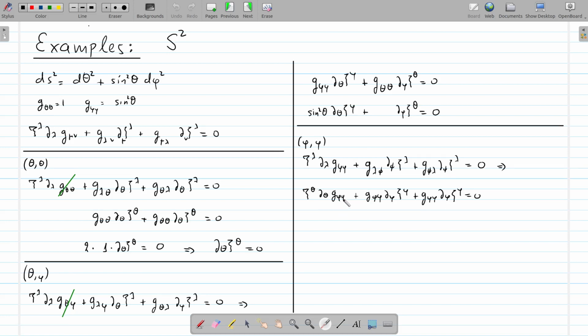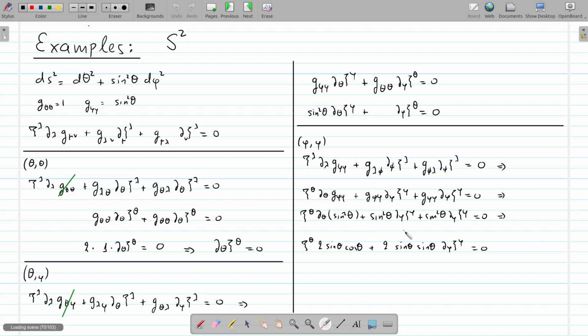Now notice that g phi phi is sin squared theta, so this is non-constant with respect to theta, and this term will contribute to the equation. So we have the derivative of sin squared theta. And by doing some elementary algebra, we obtain this equation here.